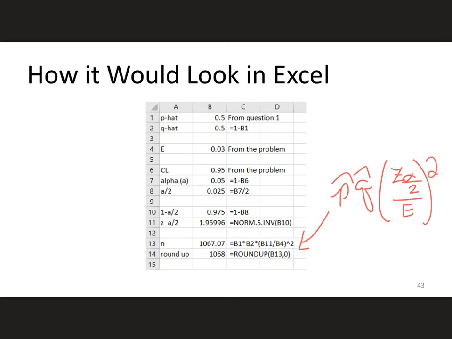And then you can use that equals ROUNDUP, parentheses, the value you want to round up, and then comma 0 tells it that you want it to be a whole number. If you use the ROUNDUP, you put a 0 there because that's telling it to do a whole number.